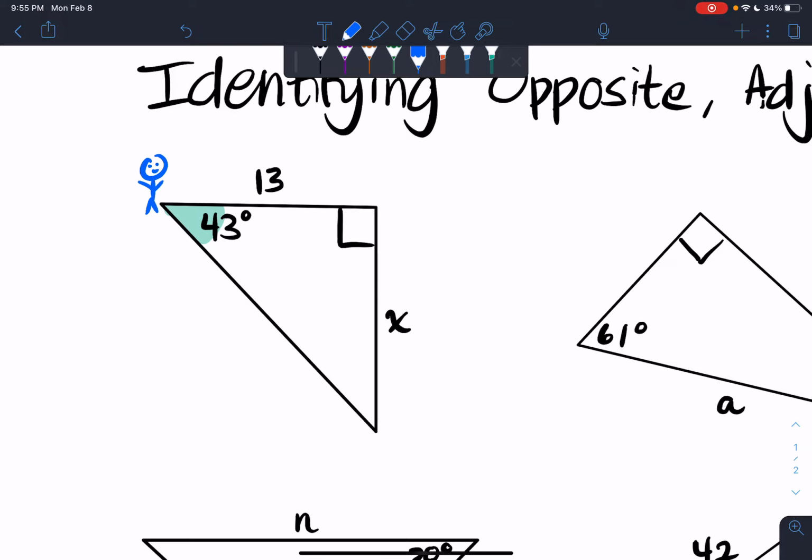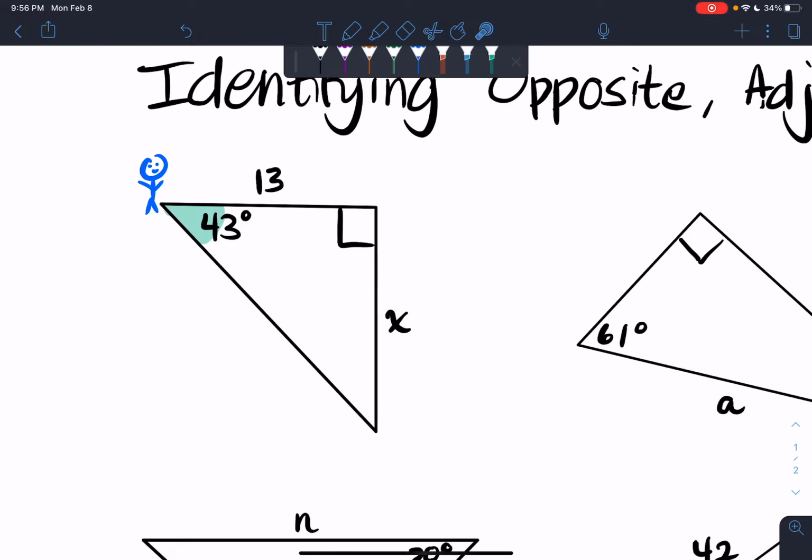So imagine we are standing at our reference angle and we want to figure out what do x and 13 represent, right? Are they the opposite, adjacent, or hypotenuse in this triangle? So if we look at x and we compare it to where we are standing, is x next to us?